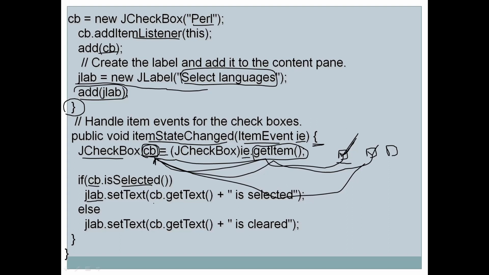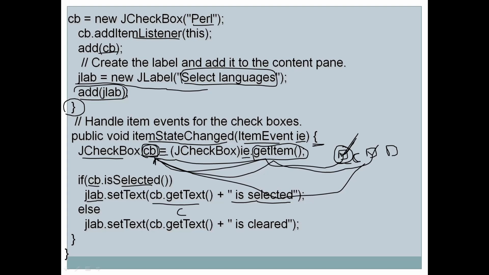Now, jlab.setText(cb.getText()). What is there in the cb? Now cb is representing this particular box, and cb.getText will give us the text which is associated with the first checkbox, that is C. So cb.getText will give us C, and plus we are concatenating " is selected", so this will print C is selected.